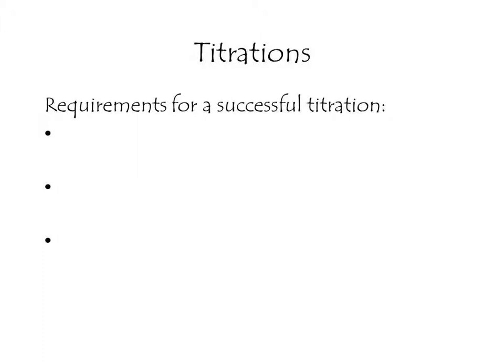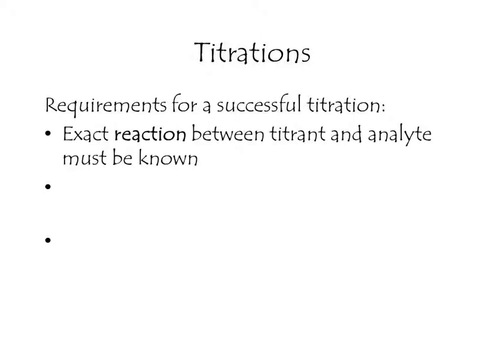In order to have a successful titration, you need to first know the exact reaction between the titrant and analyte. So you can't have an acid that you don't know what it is. You should know the acid, you just don't know the concentration. So if you have, let's say, hydrochloric acid and your base is sodium hydroxide, you know the exact reaction. The exact reaction for that would be you form sodium chloride and water.